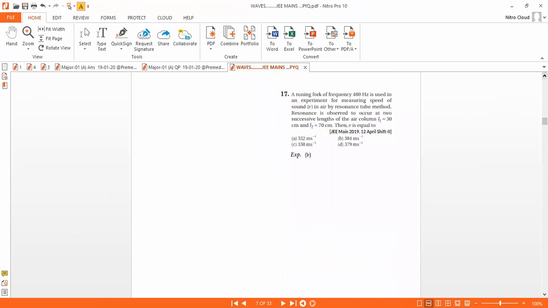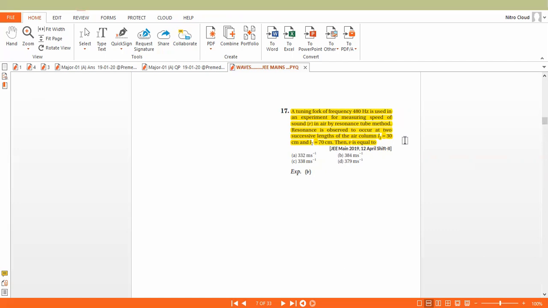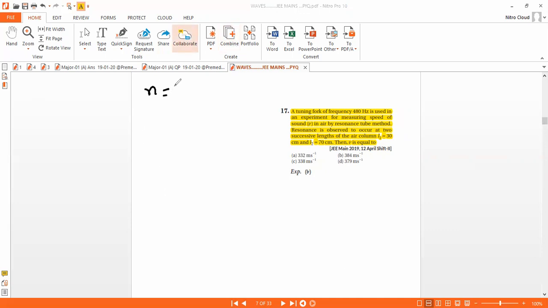A tuning fork of frequency is used in an experiment measuring the speed of sound V in air by resonance method. Resonance is observed in the air column at L1 equal to 30 centimeter and 70 centimeter. We need to find V. Firstly, they gave the tuning fork frequency, it is 480 hertz.